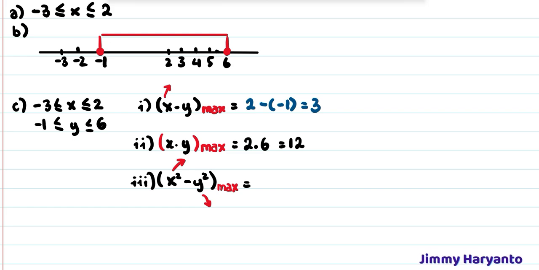But be careful for this one, because y contains negative numbers. When you input y as -1, it will become +1, and 1 is not small enough. We have a smaller number, which is 0.